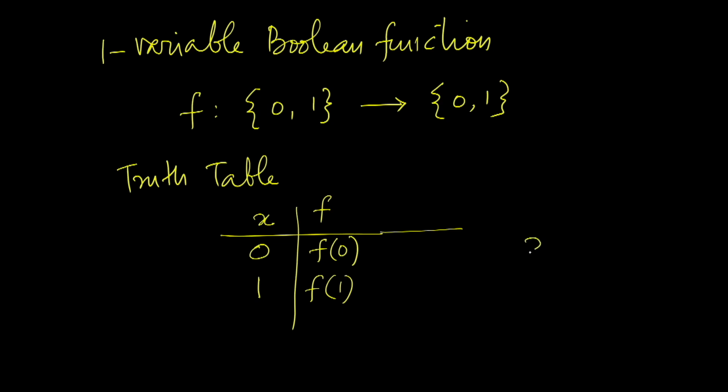Now, how many such functions could be there? Depending on how you choose f of 0 and f of 1, we will have different Boolean functions, which means there are two choices to be made, one choice for f of 0 and one choice for f of 1. Each choice is going to be a Boolean value. So, there are going to be 4 such possible choices. So, let us enumerate all such Boolean functions. When input x is 0 or 1, the output could be both zeros.